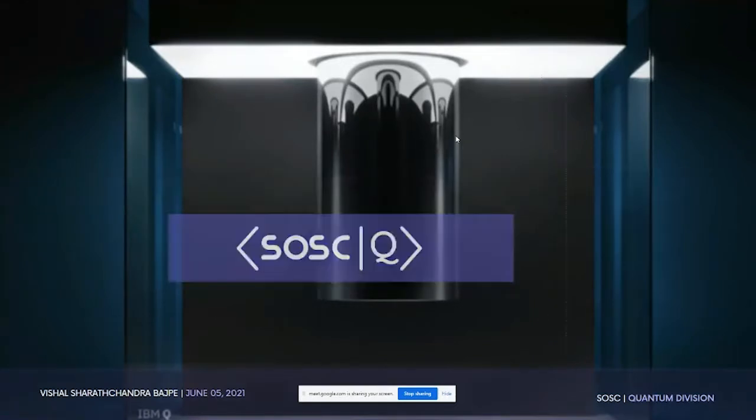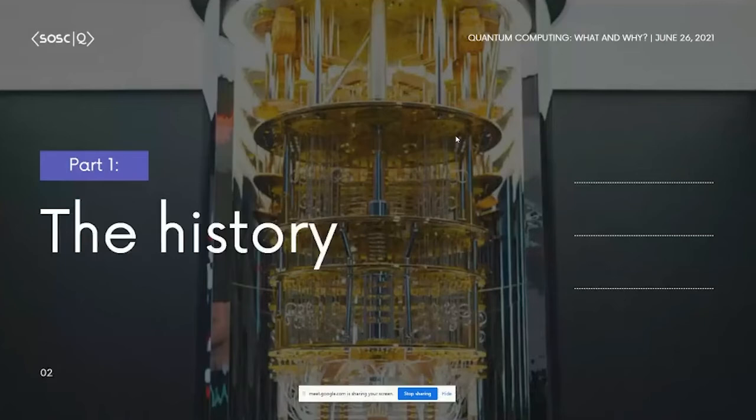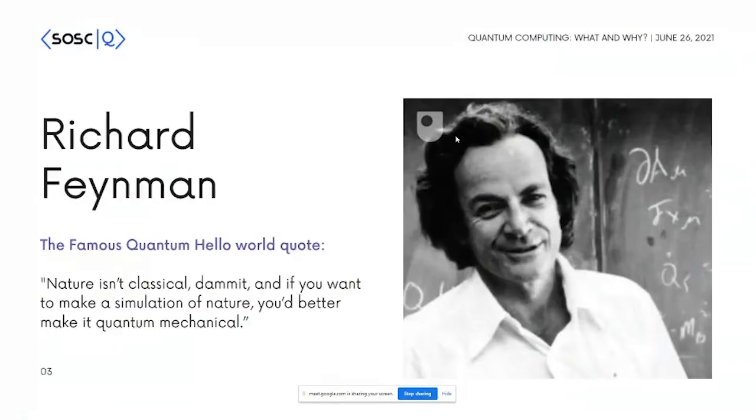So before we start on what quantum computing is, let's look at a brief history of why it started and why someone thought of this. The first person who thought of this was Richard Feynman. He was a brilliant computer scientist and physicist, and he was working on simulations.